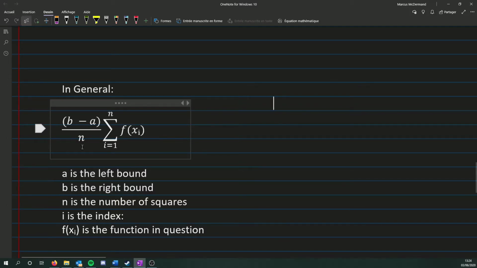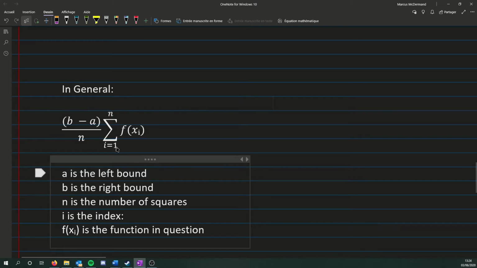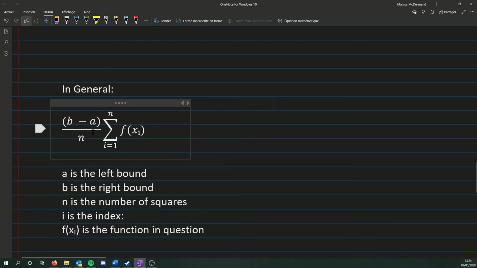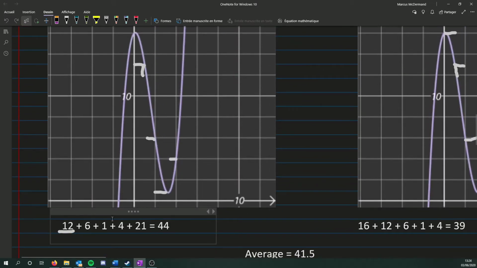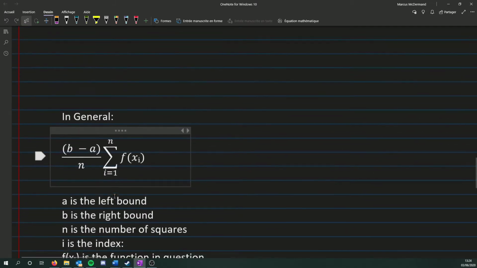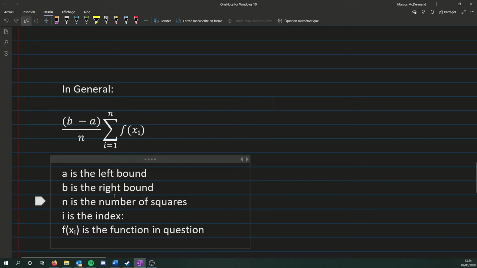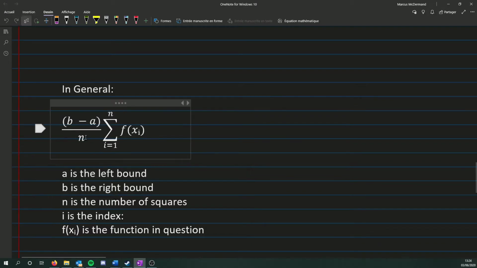And that is once again given by the difference in left and right bounds over the number of squares. In our case, 5 minus 0 over 5 would be 5 over 5 equals 1, which was why I was able to use just the heights. However, if you want to add more rectangles, which increases the accuracy, then this number here will change.